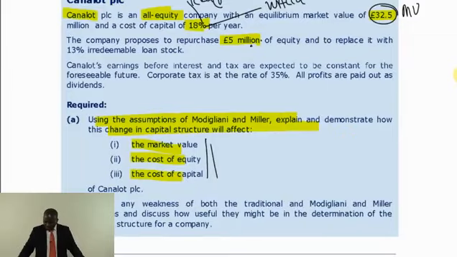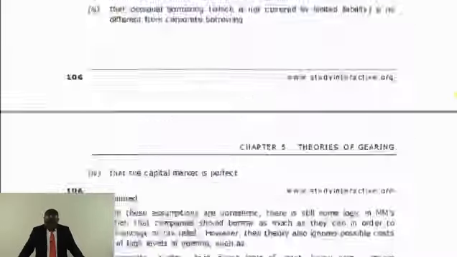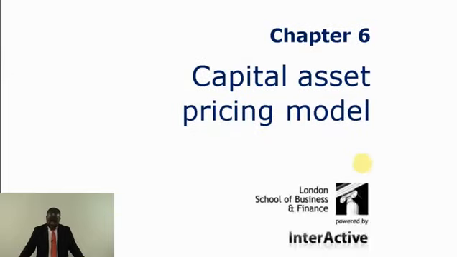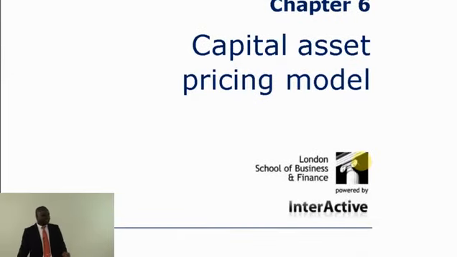Now let's go to the day's objective, which is starting with CAPM, the Capital Asset Pricing Model. This is another way you will be able to calculate the cost of equity. Last week I told you, when they ask you to calculate cost of equity, you are thinking of the dividend valuation, you are thinking of CAPM, you are thinking of Miller and Modigliani.